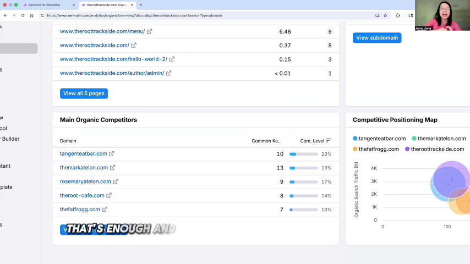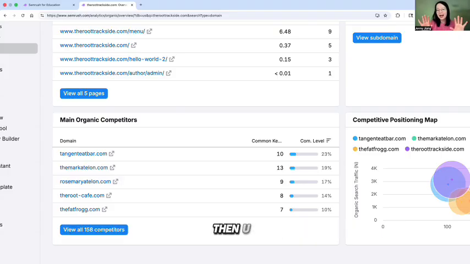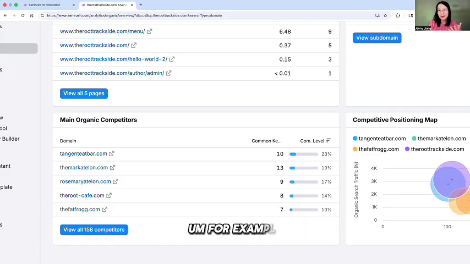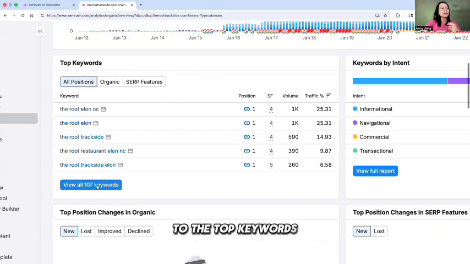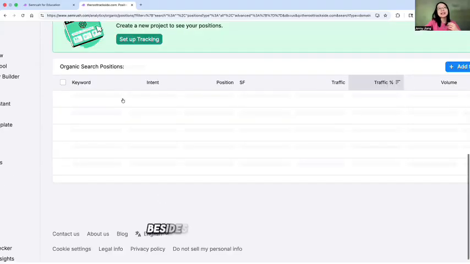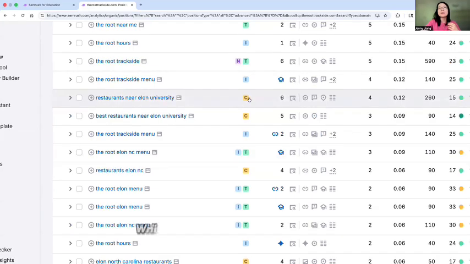That's enough. And after looking at the organic ranking, then I ask you to provide two keywords ideas the site would like to strengthen. For example, restaurant in Ilan, NC, branch near Ilan University. Remember, when we do the keyword research, the top keywords, when you look into the 107 keywords, besides the branded keywords, we do have the other keywords, which is commercial.